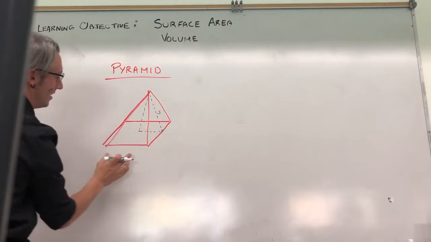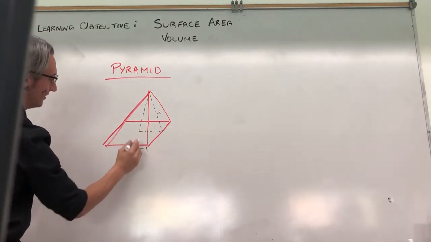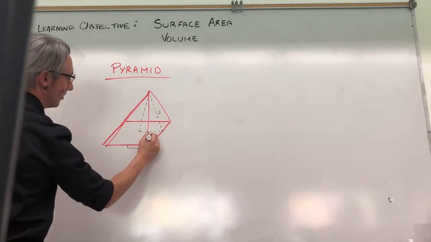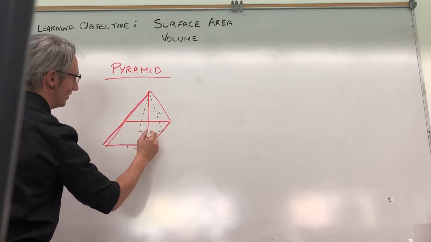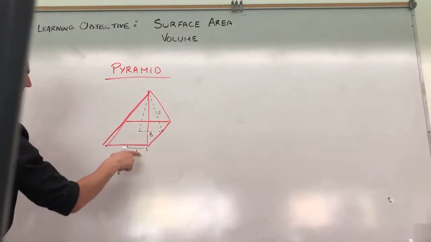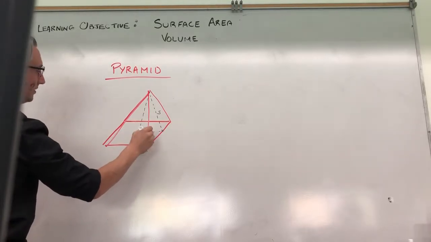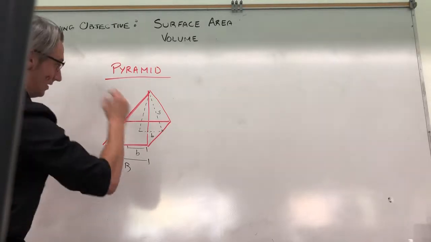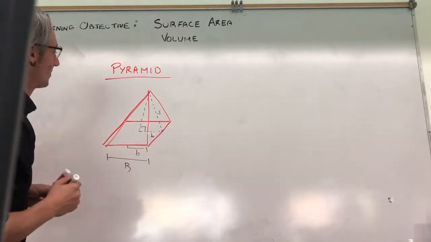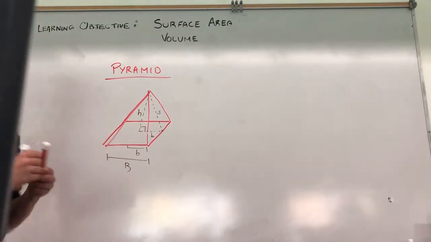And then we have half the base, this distance. We'll call that capital B instead of small b. So this is small b, and this is capital B, the whole base. This is half the base. And this is a right angle. This is height, okay?